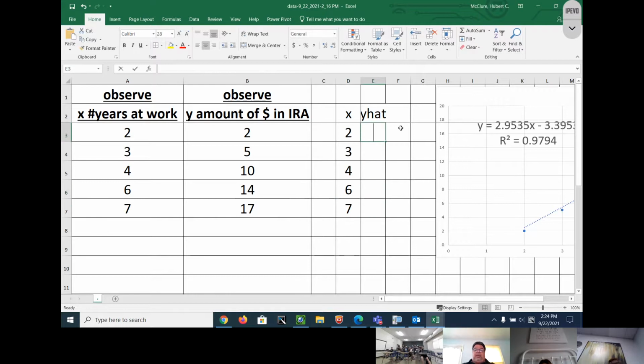And I'm going to plug that 2 into our equation. 2.9535 times x, which is 2, minus 3.3953.